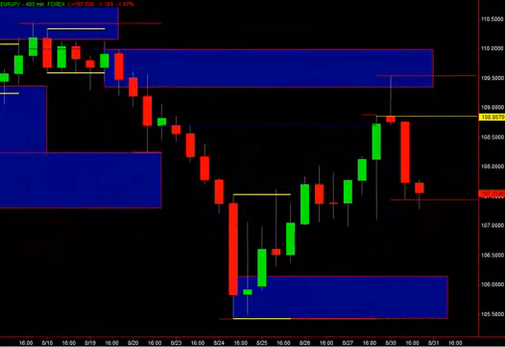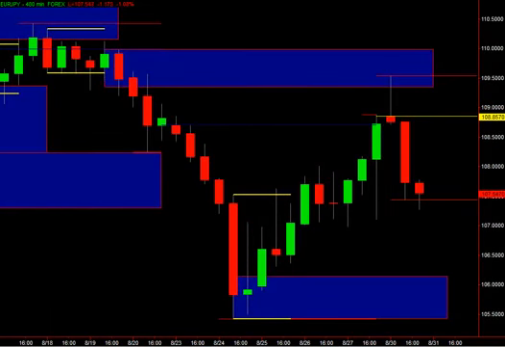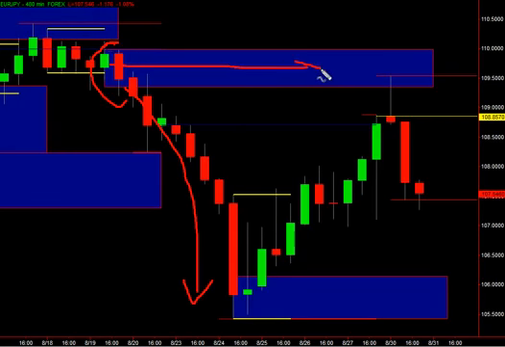Let's just zoom into the chart and take a look at the most recent area of price activity. What we can see is that price has ultimately sold off, that big move down. We've got the area highlighted here as an area of interest. And we've also got the bottom of the move here, the low of the move, also as an area of interest.